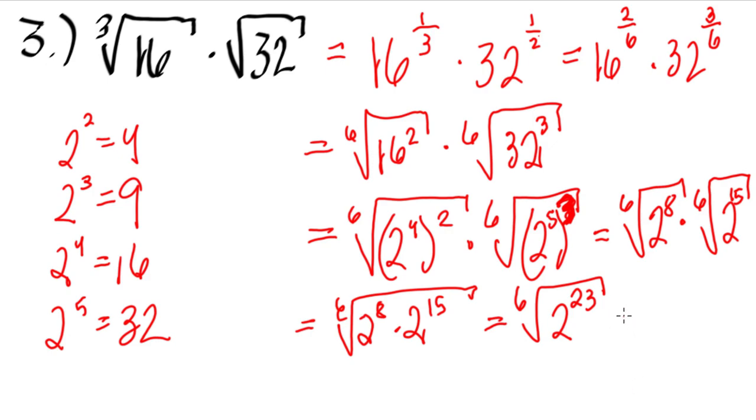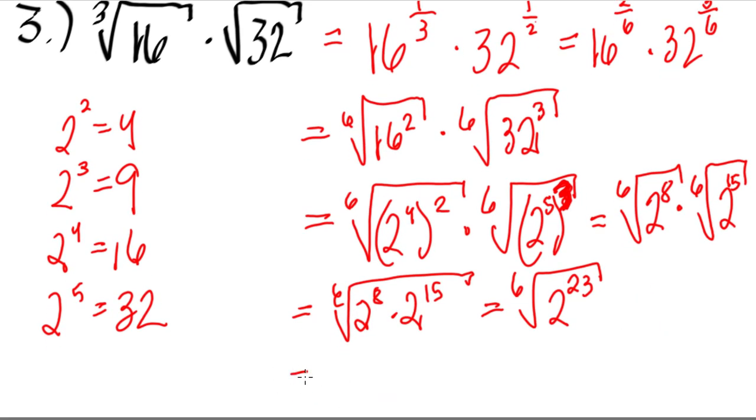So this 2 raised to 23 can look like the 6th root of 2 raised to 6 times 2 raised to 6 times 2 raised to 6. So we have 6 plus 6 plus 6 is going to be just 18.